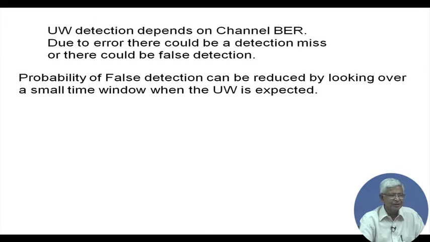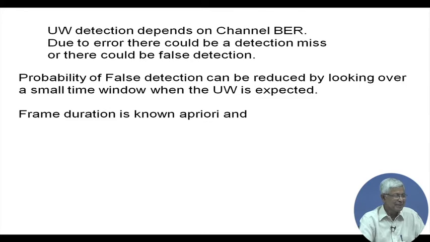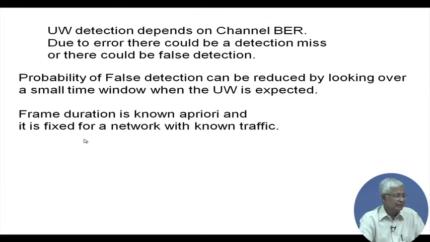If we know where the Unique Word is, I create a window, and if you look within it, false detection will be much less. So the frame duration has to be known a priori, and the frame duration and its repetition are fixed for a network with known traffic.